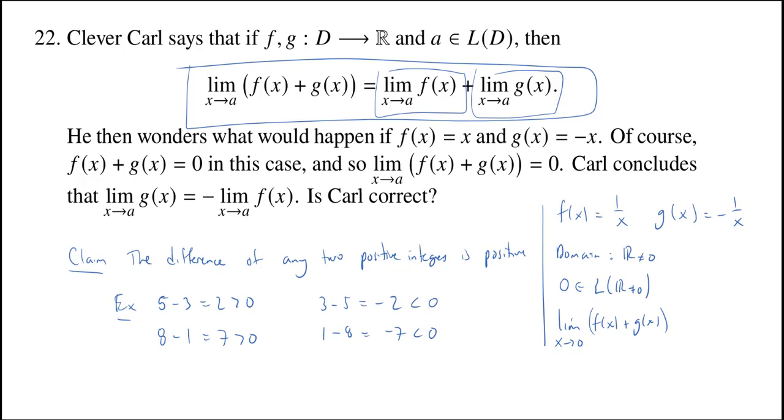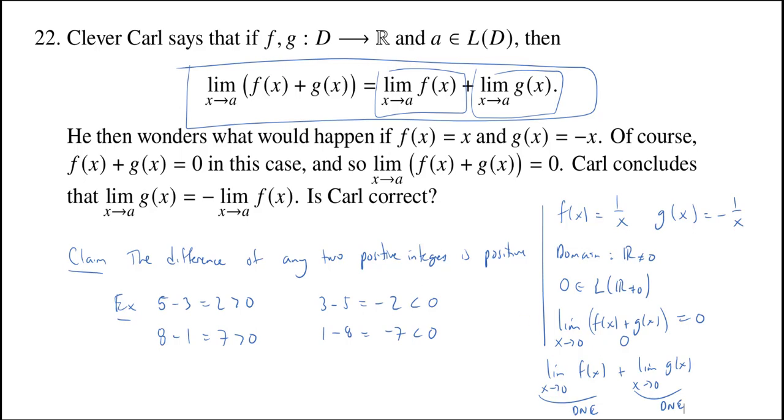Well, f of x plus g of x, that's 1 over x plus negative 1 over x, which is 0. And the limit as x goes to 0 of 0 is equal to 0. On the other hand, the limit as x goes to 0 of f of x plus the limit as x goes to 0 of g of x, well, this doesn't exist. Because as x goes to 0, f of x blows up to infinity or down to minus infinity, depending on which side you go to 0 from. So neither of these exist. And so their sum certainly doesn't exist. So Carl once again is wrong, even though he was able to find an example where he was right.